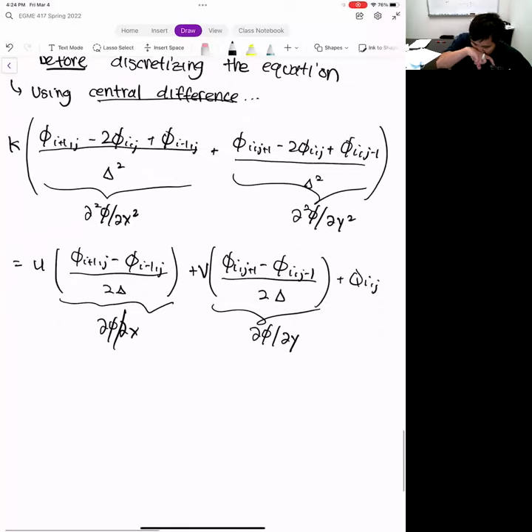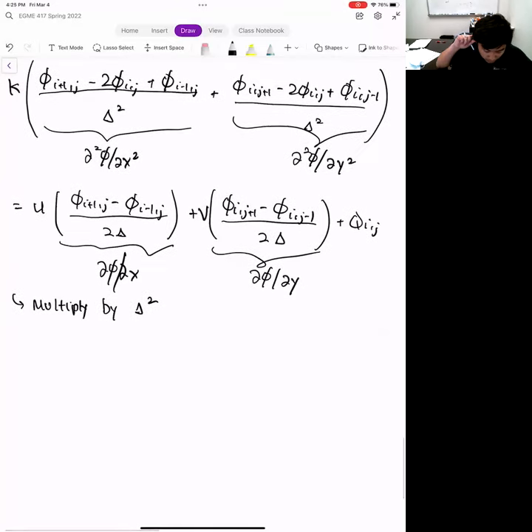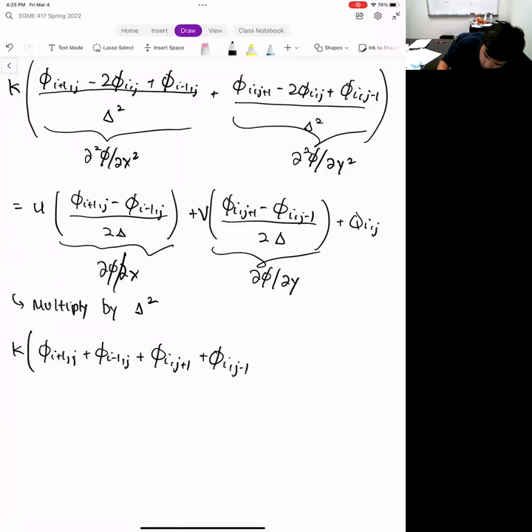All right, and so now let's go ahead and simplify. I'm going to multiply the entire equation by delta squared, and simplify terms a little bit. We have k times phi i plus 1 comma j plus phi i minus 1 comma j plus phi i comma j plus 1 plus phi i comma j minus 1 minus 4 phi i comma j.